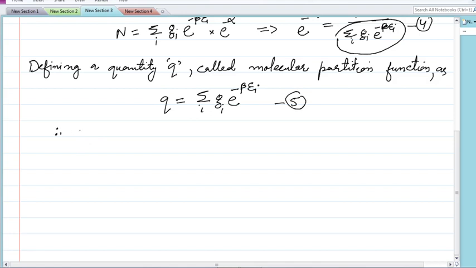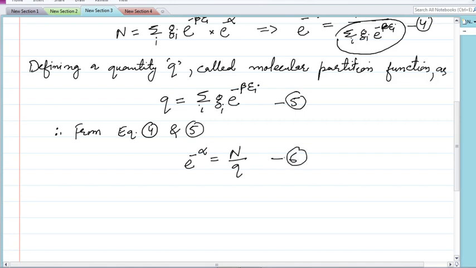Therefore, from equation 4 and 5, we can write e raised power minus alpha will be equal to n upon q. Simple. This is equation number 6.